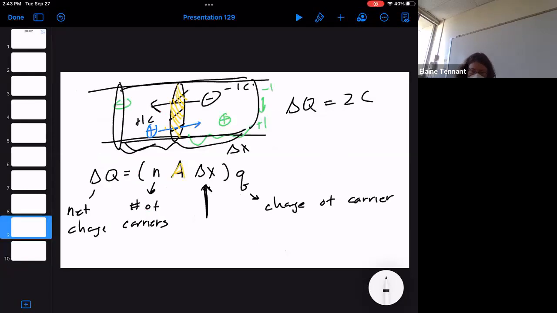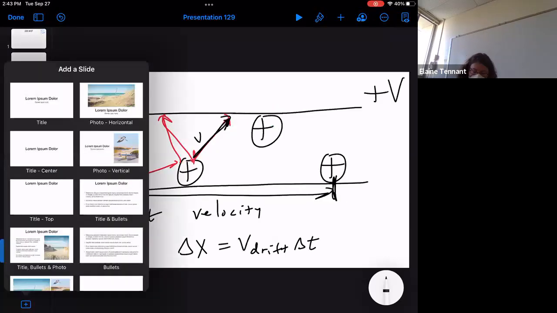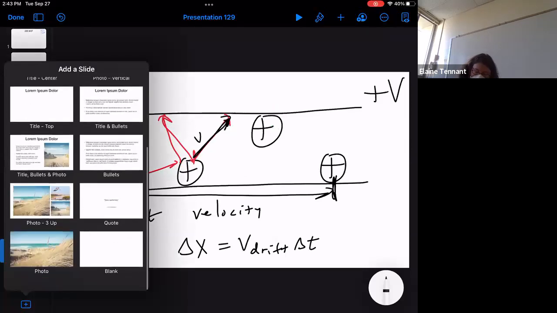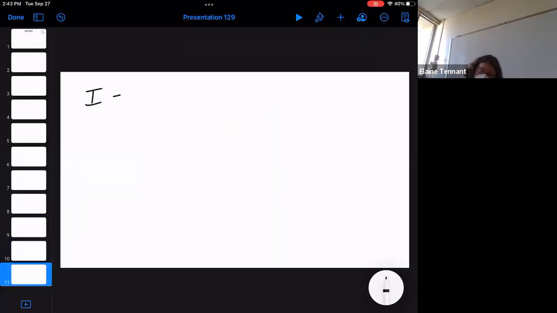Now, looking at that, we can take that distance equals rate times time idea back here, and we can plug it into our delta Q. In particular, we can say, well, if current equals delta Q over delta T, and Q is this number of carriers, cross-sectional area, and now instead of delta X, drift velocity times time, all multiplied by the charge of one carrier.